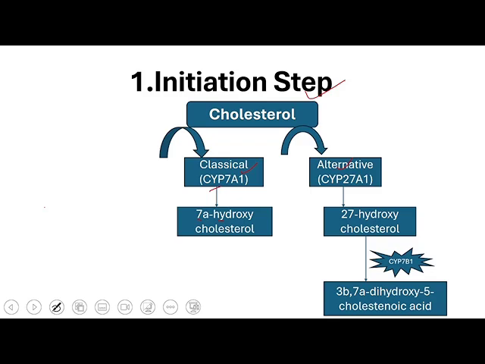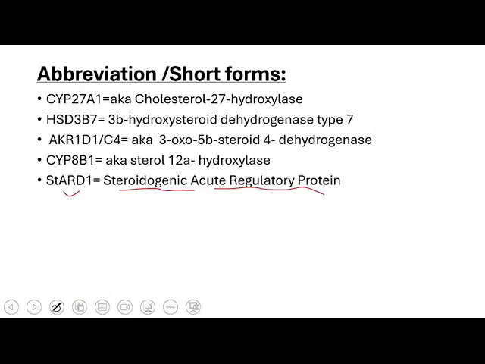This cytochrome P7A1, also called 7 alpha hydroxylase, that I have mentioned in this abbreviation, and cytochrome 27A1 is called the cholesterol 27 hydroxylase, whereas cytochrome 7A1 is called cholesterol 7 hydroxylase.